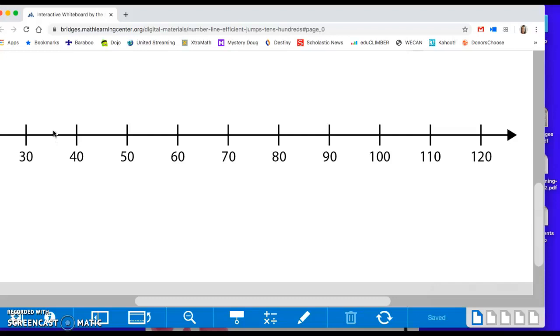Ready, count. 36, 46, 56, 66, 76, 86, 96, 106, 116. Put on the brakes. We need to stop because I'm at 116 right now. If I do another hop of 10, I would be at 126, which would be off the number line.